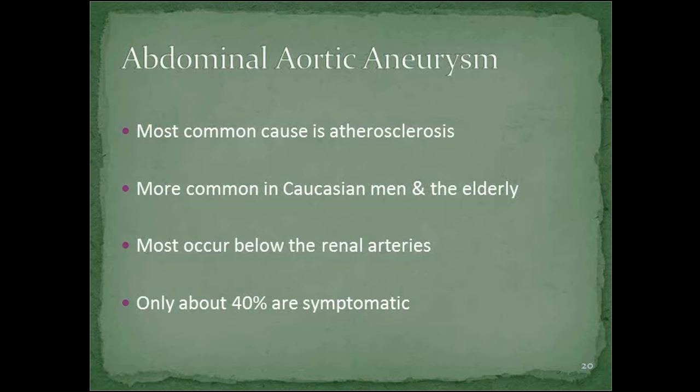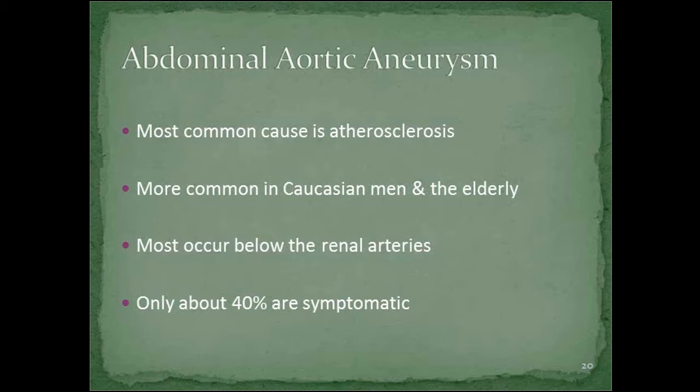Incidentally, abdominal aortic aneurysm, or AAA, you might see that in your charts at the hospital. You might see where your patient has a history of a AAA, that is an abdominal aortic aneurysm. They are most common in white men.